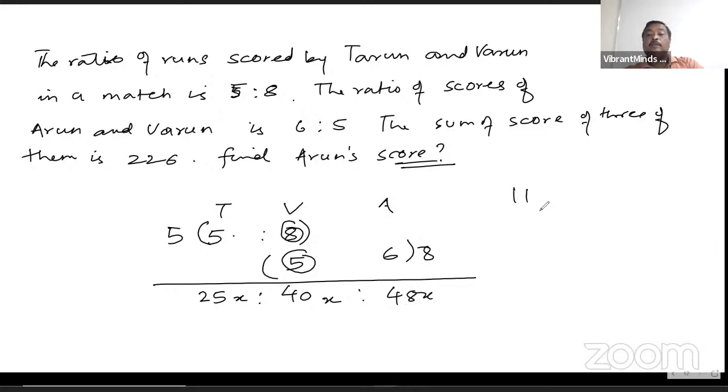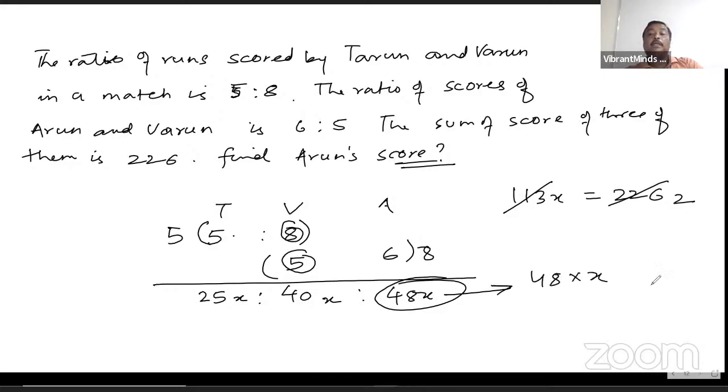So can I say 113x is equal to 226? So x is 2. So the score of Arun is 48 into x, that is 48 into 2, and that is 96 runs.